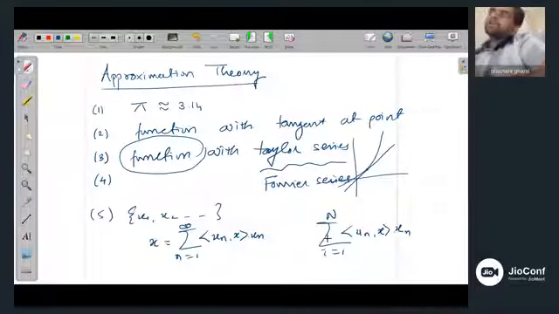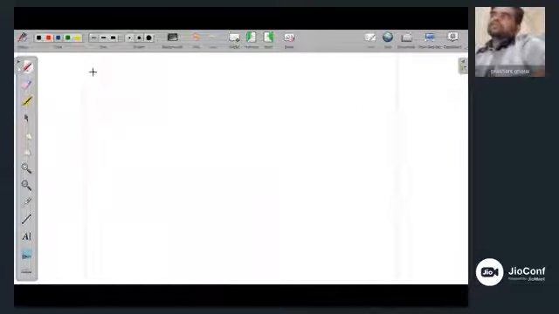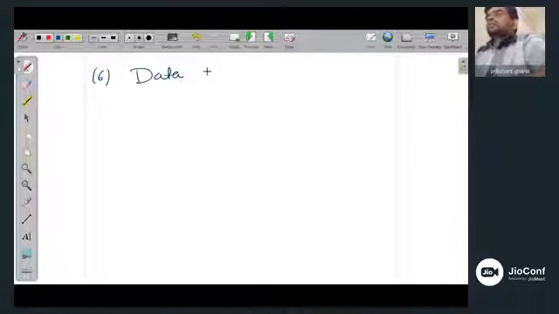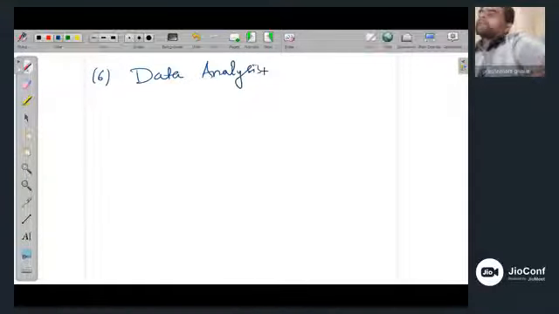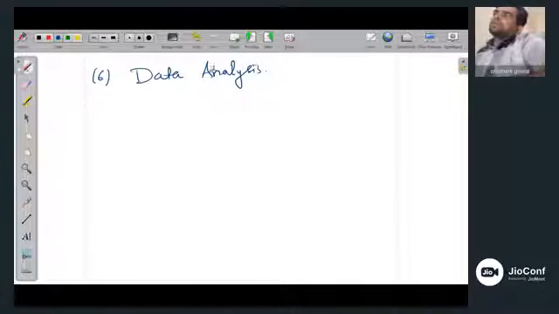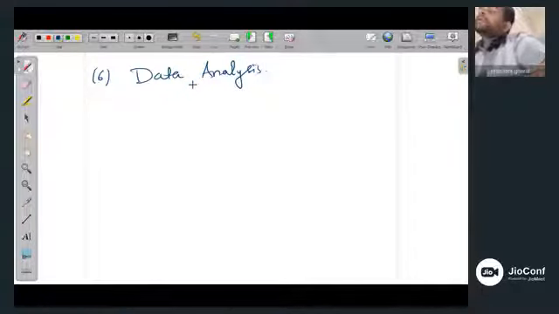Now here I'm talking about the sixth one that I want to say: data science or data analysis. Basically, in data analysis, when we have big data, there is a problem of reducing the data in a certain scenario. So this singular value decomposition, which I am going to talk about today, will be helpful in handling the big amount of data you have.